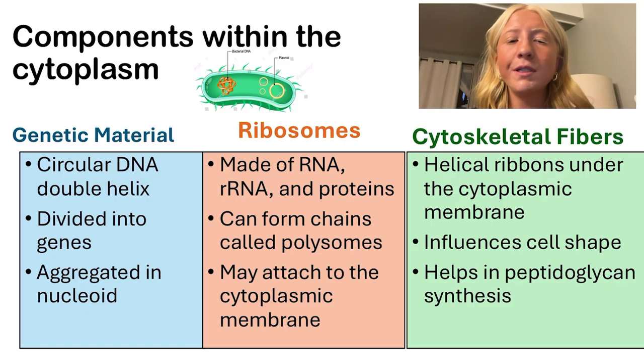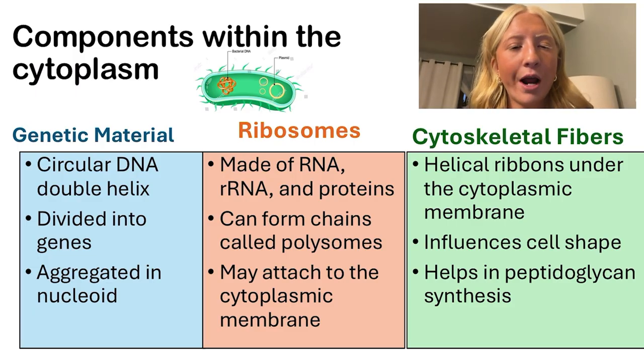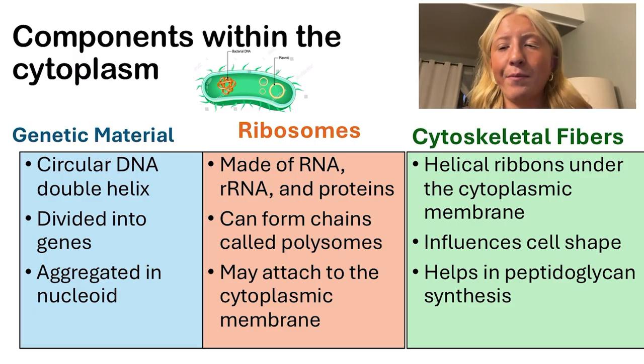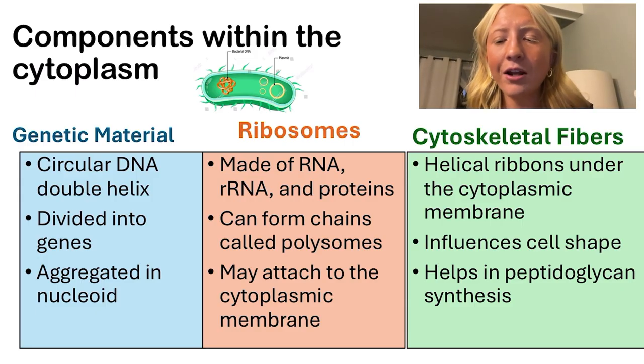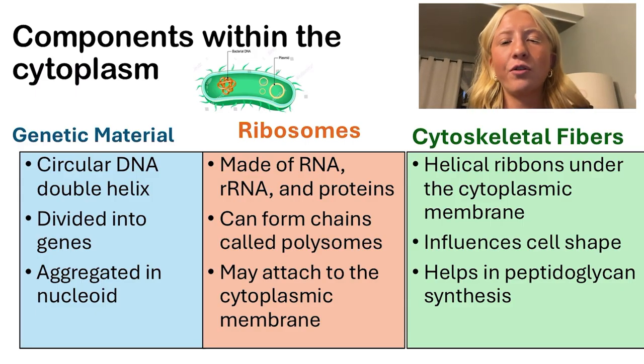And ribosomes, these are made up of RNA, rRNA, and proteins. They float freely in the cytoplasm, or they can attach to the cytoplasmic membrane. Multiple ribosomes can come together and form chains called polysomes, and this helps make protein production more efficient. Finally, I want to talk about the cytoskeletal fibers.